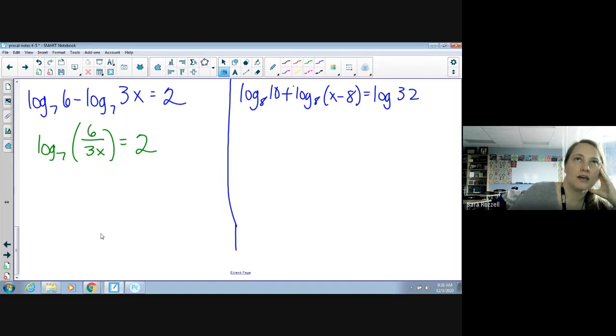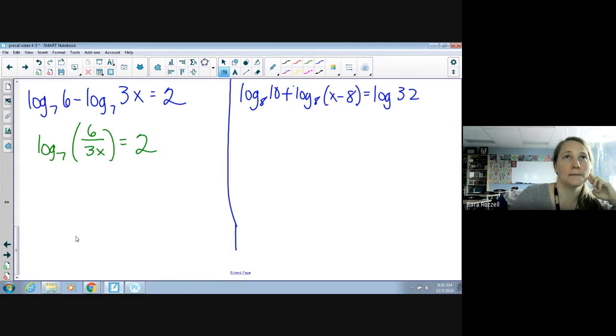Okay. Now at this point, this is very similar to what we just had on there. What do we need to write it as? It is a log. We're going to switch it into an exponent.